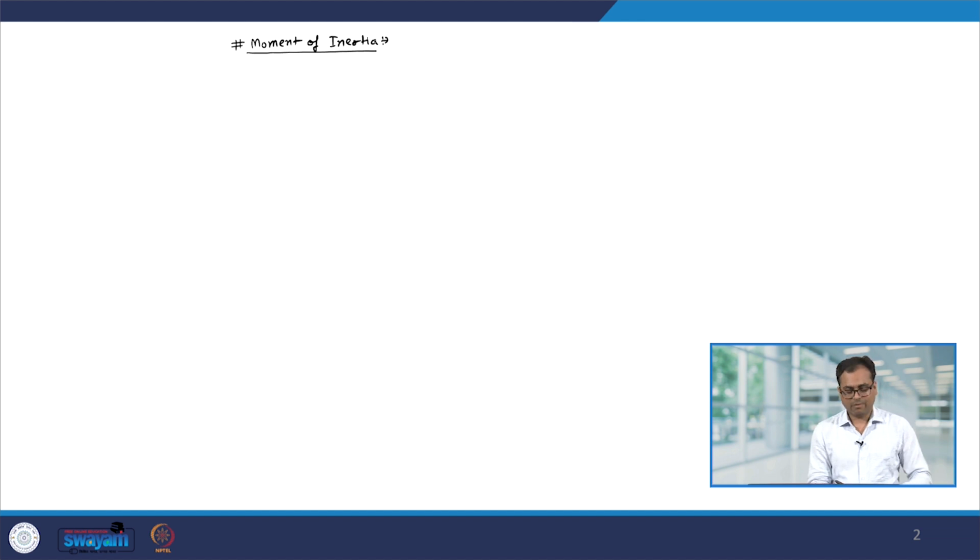Let us say I have a rigid body and that rigid body is rotating about an axis with an angular acceleration of alpha. So, let us say this is O prime and the mass of this rigid body is m.